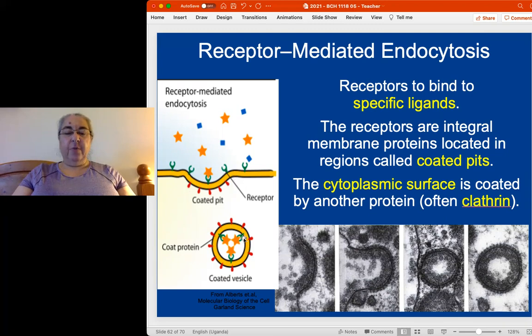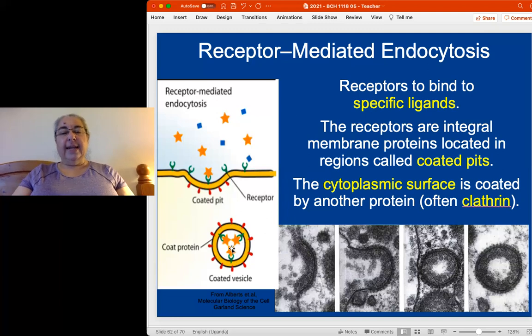And because of the way the vesicles form, when we form a vesicle, we have the receptors with their ligand bound on the inside of the vesicle, and the coat proteins are on the outside of the vesicle.